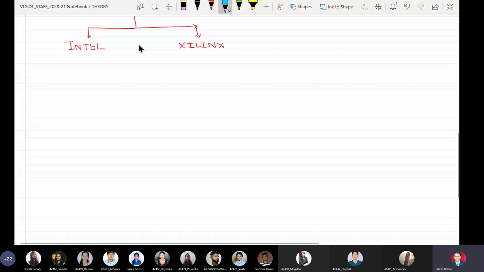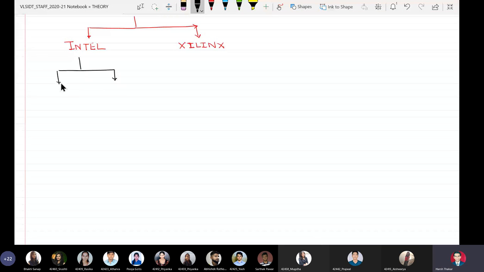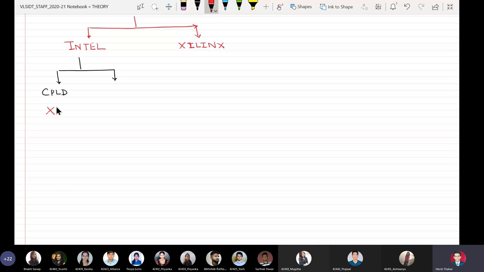So Intel doesn't manufacture CPLDs anymore. It may be, anyways, I'll still write the numbers. It was formerly Altera, so I can say it had Max 3000, Max 7000 series.